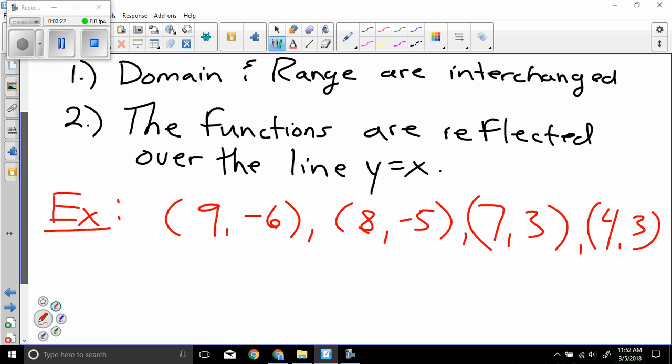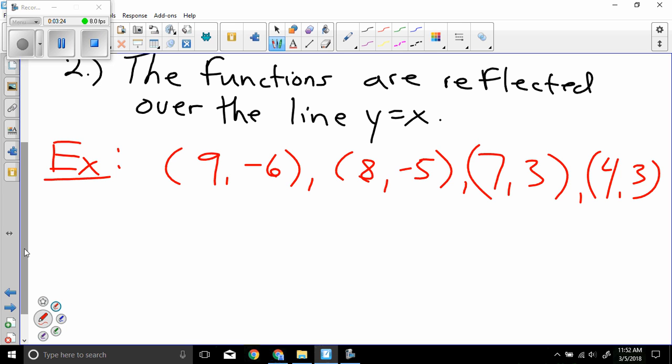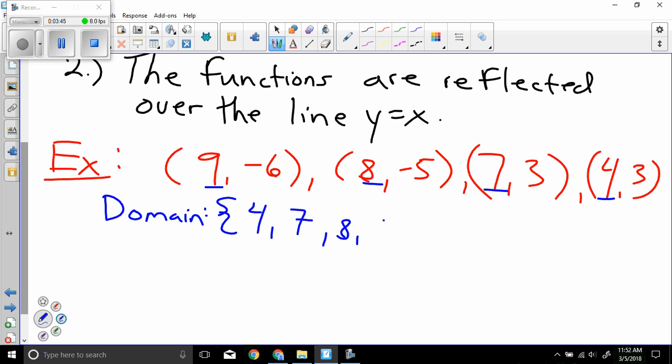So we have these 4 points, and let's do the domain and range of the original. The domain, remember all the way back from chapter 1, or this is actually chapter 2, we have to have this curly bracket, are all the x's. And I'm supposed to put those in order. So that's 4, 7, 8, and then 9.